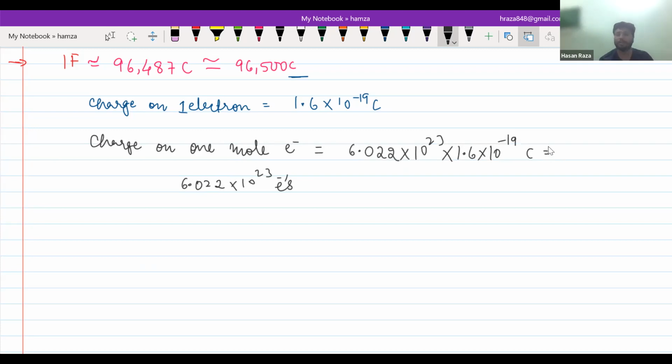So it will be approximately equal to 96,500 coulomb. That means charge on 1 mole electron will be equal to 1 Faraday, which is equal to 96,487 coulomb or 96,500 coulomb. Got it, everyone?